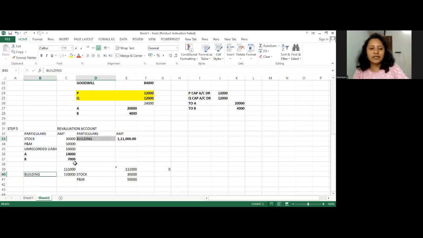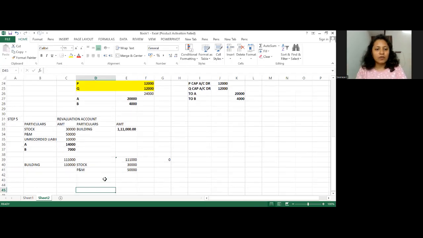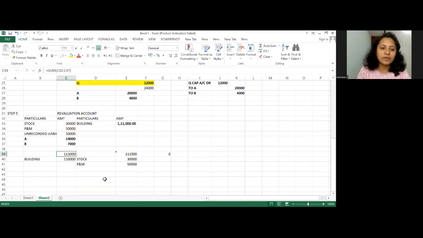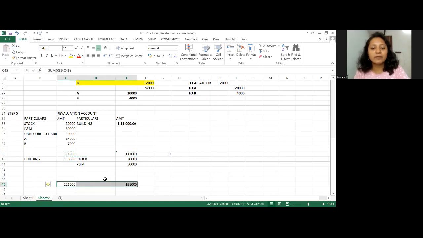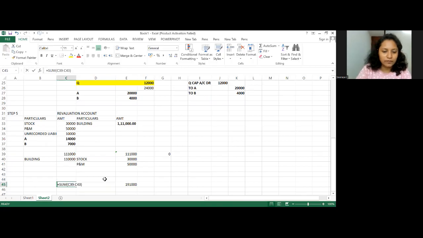Building, there was credit, now I am debiting. Stock, there was debit, now I am crediting. I am just reversing the entries now. What will be the difference? The difference will be the same 21,000. But now, where will it come? It will come on the credit side. Now it was on the debit side, now it is in the credit side. So I'm getting the same difference of 21,000.